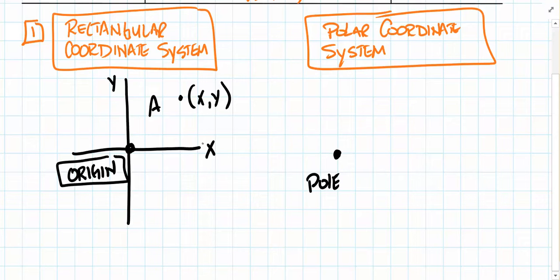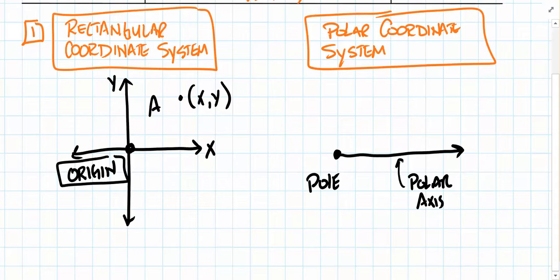And instead of an x-axis that goes off in two ways and a y-axis that goes off in two ways, it starts off with one positive axis, which we call the polar axis. Not very exciting. The polar axis is located here. Notice that it takes the same exact representation as the positive x-axis. It's basically a ray where the vertex is the pole and it shoots off into the positive x direction.